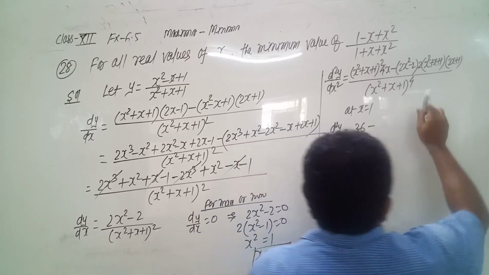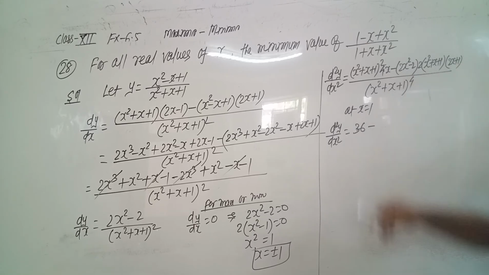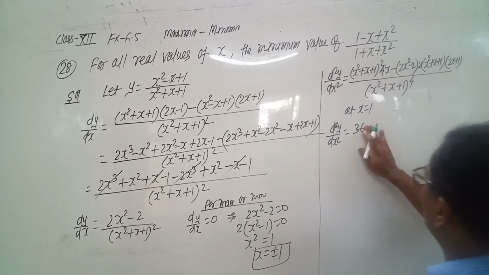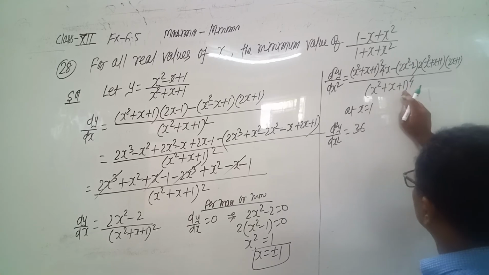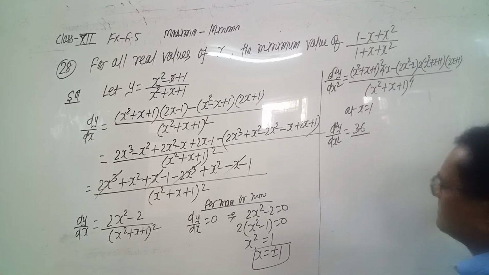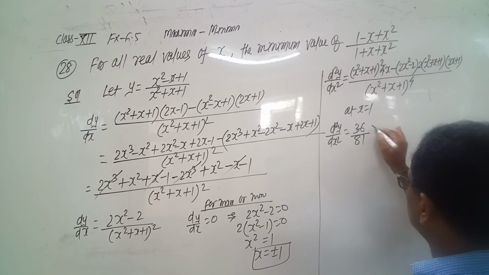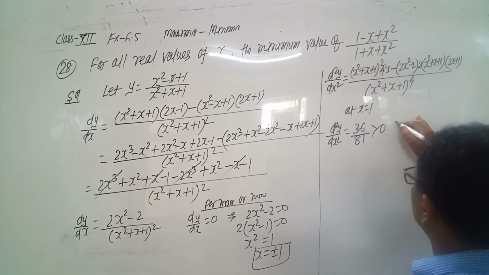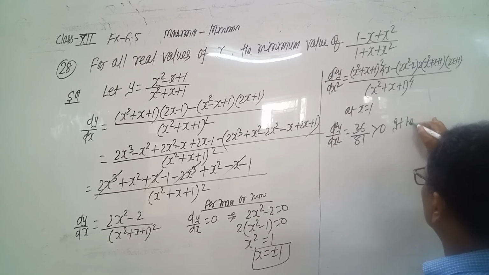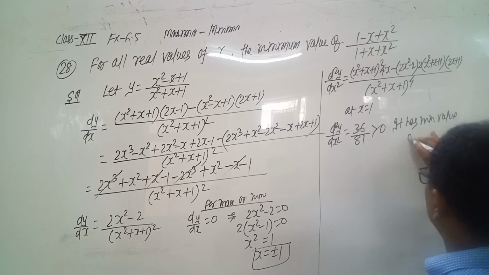Minus, the value of x is 1, so 2 minus 2 is 0, the whole term becomes 0, and 1 plus 1 plus 1, 3 the whole square, 3 to the power 4, so this is 81. Which is greater than 0, it means it has a minimum value at x equals 1.